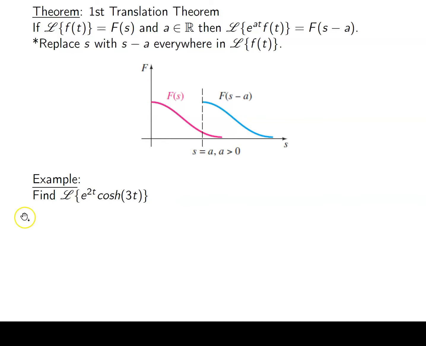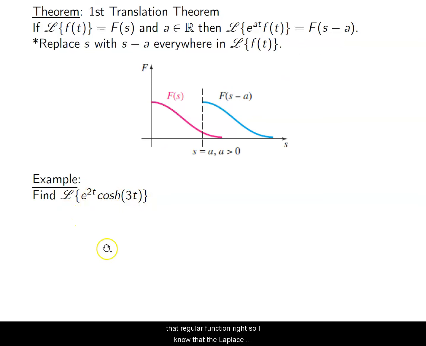If I have the Laplace transform of e to the 2t times cos 3t, I'm basically just going to look at the Laplace transform of cos 3t, and then apply the shift of s minus 2, because my a in this case is 2.